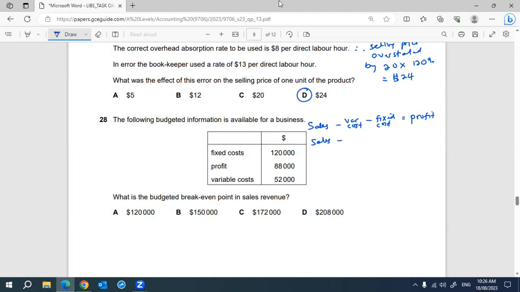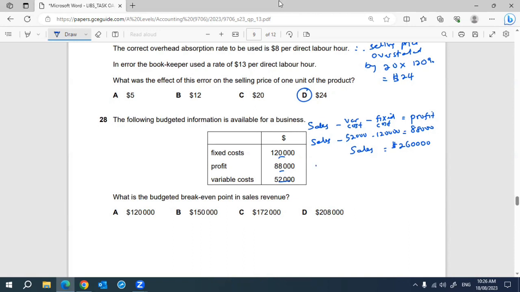The variable cost is given here as 52,000. Fixed cost is given as 120,000. And the profit is given as 88,000. So from here, the sales is equal to 260,000. Right. So the question is, what's the budgeted break-even point in sales revenue?